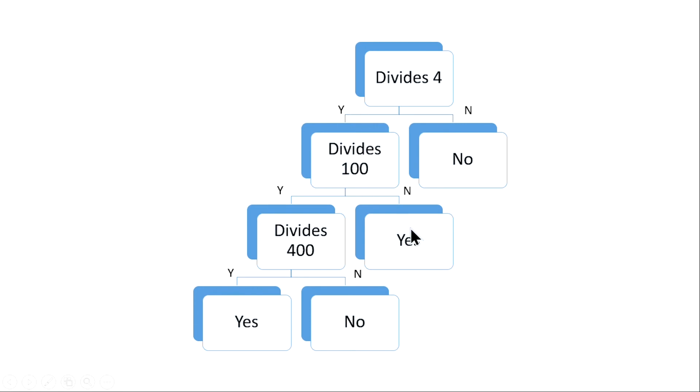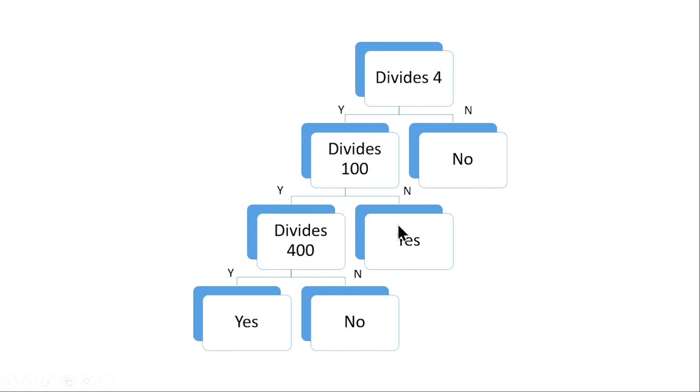Another route goes all the way from here to here: divided by 4, divided by 100 and divided by 400, and then it is yes. So we have two branches that lead to yes.